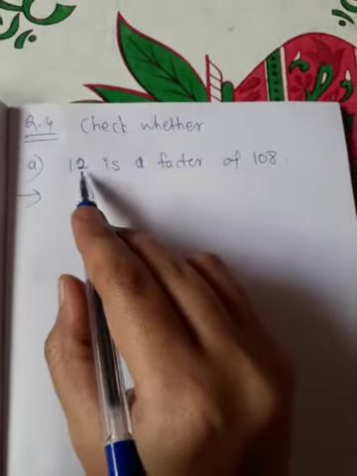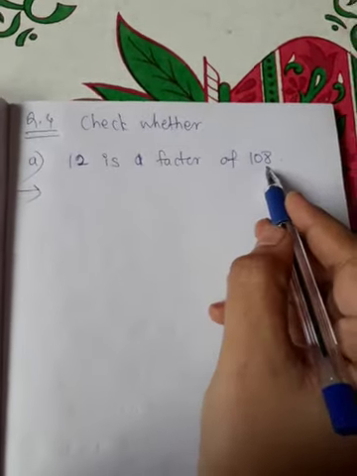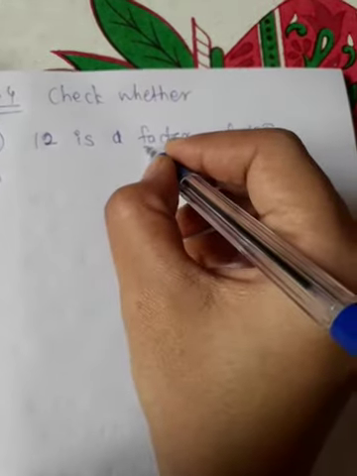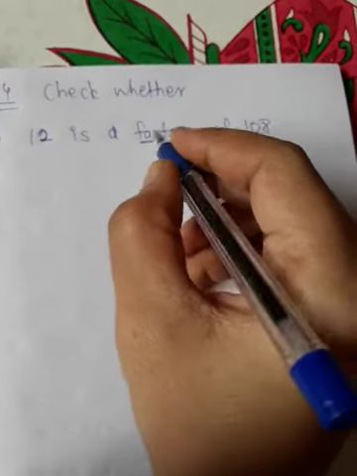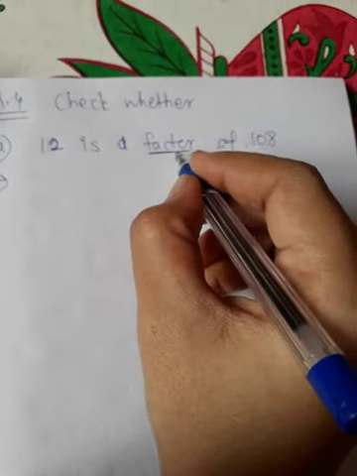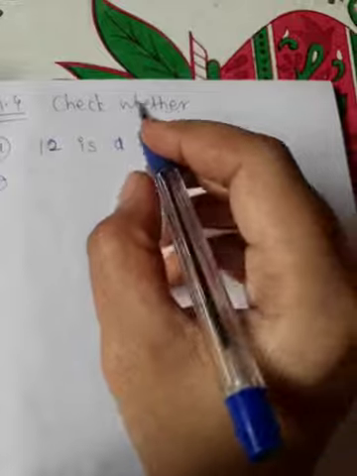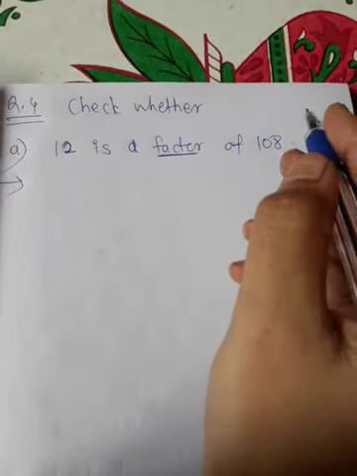See here, we have to check whether the number 12 is a factor of 108 or not. For that you must know the definition of factor. We know that a factor is a number which divides the given number exactly. Here we have to check whether 12 divides 108 exactly or not.